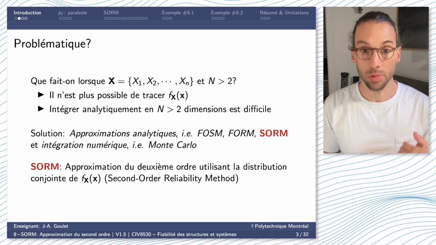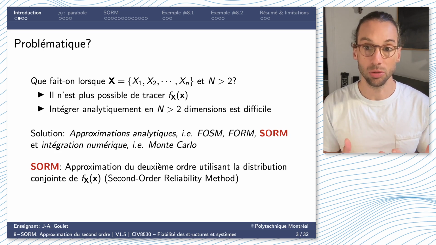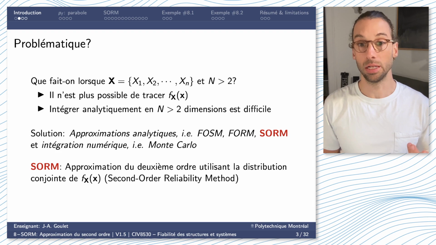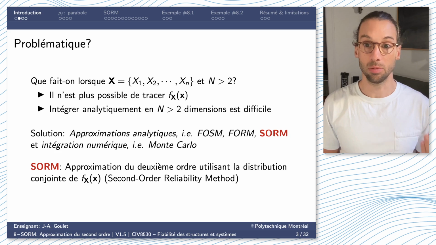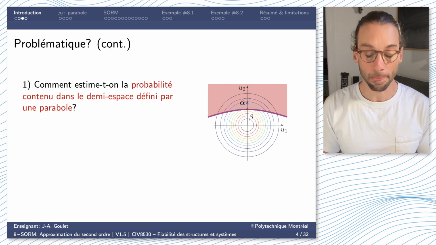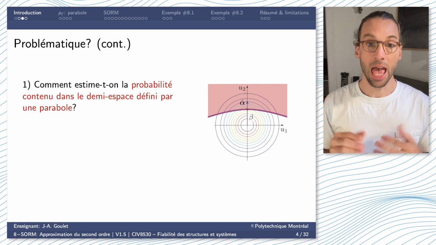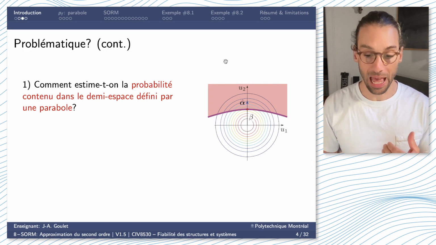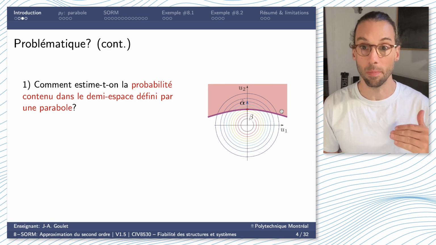So SORM, the second order reliability method, is going to include the second order curvature of our limit state function in order to increase the quality of the approximation, so decrease the approximation error in computing our beta or failure probability. So the first problem we need to address is how do we estimate the probability content defined by the half space, defined not anymore by a plane, but in this case by a parabola.